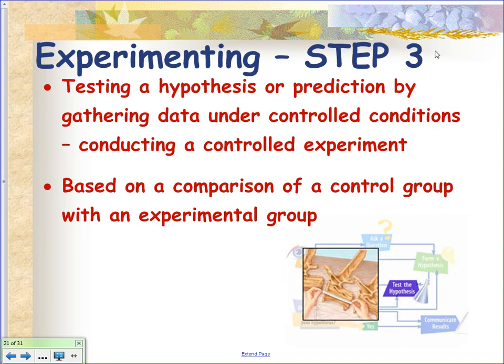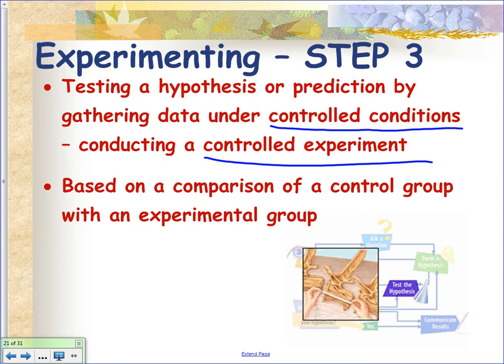Step 3 in an experiment is the experiment. So we test our hypothesis, basically, and we do that by gathering data under controlled conditions. So we call this conducting a controlled experiment. What that means is that we're changing something in the experiment, but we're keeping everything else the same.